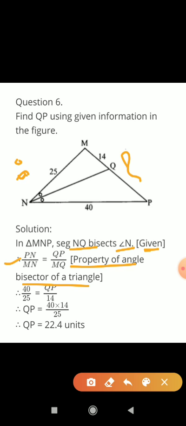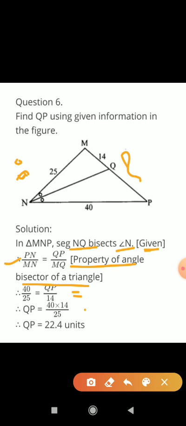So put the values. PN is 40, then MN is 25, QP as it is, and divided by MQ is 14. So this 14 becomes multiplied to the left side, then this is equal to 40 divided by 25 into 14.